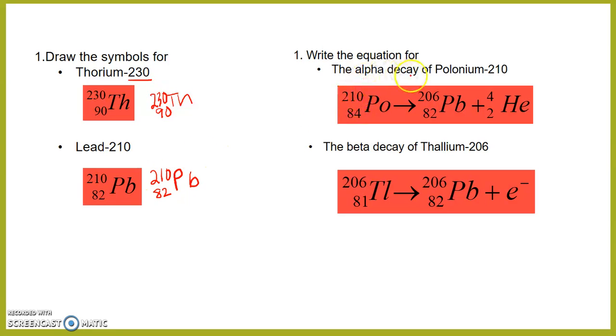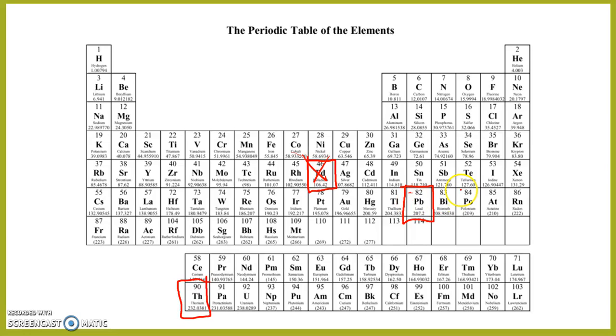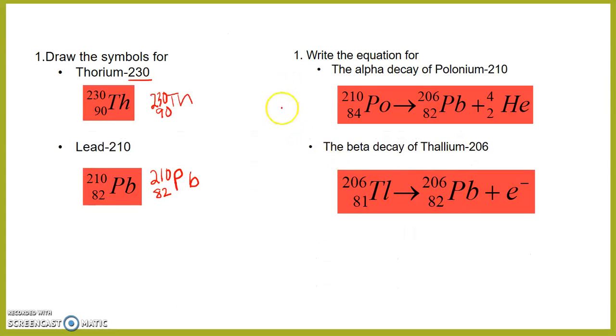Now write an equation for the alpha decay of polonium-210. We find polonium, which is 84 right here, if you didn't have a periodic table.